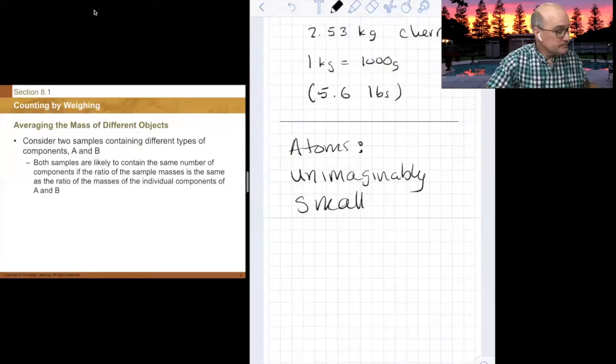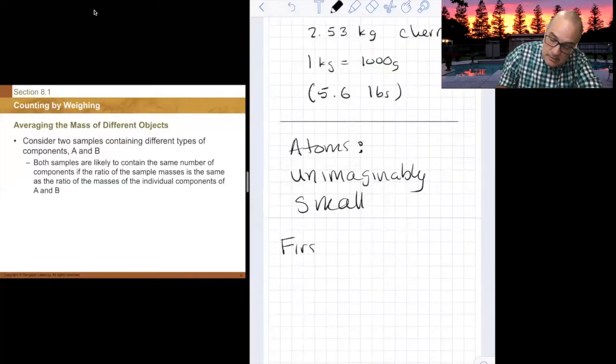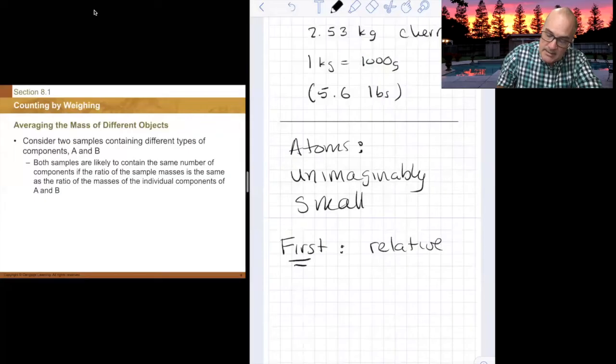So atoms are really super small. It's hard to understand their size. So first, let's think about the concept of relative mass, right?